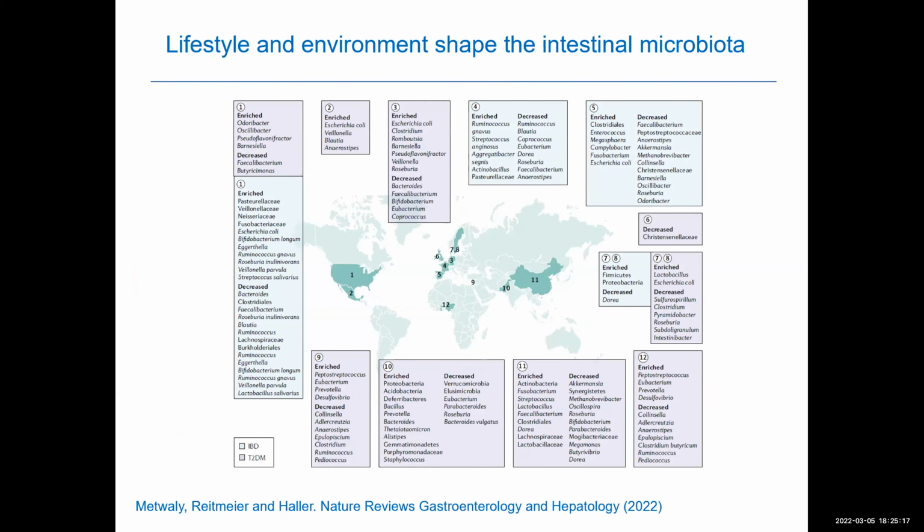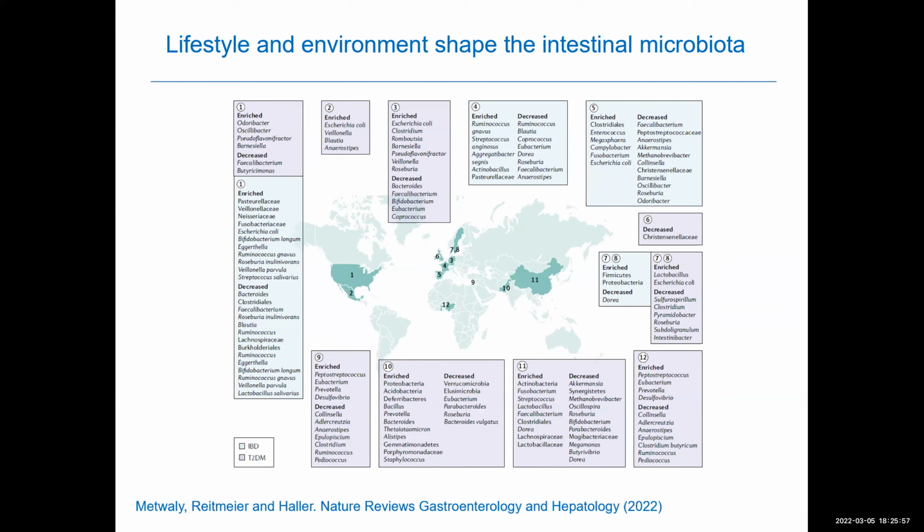Another thing which is very important when we talk about the microbiome is that lifestyle and environment can impact the microbiome composition. As I told you earlier, there have been a lot of studies which looked at different populations, for example in industrial countries or in rural countries, comparing the microbiome composition, and there were drastic differences between both.